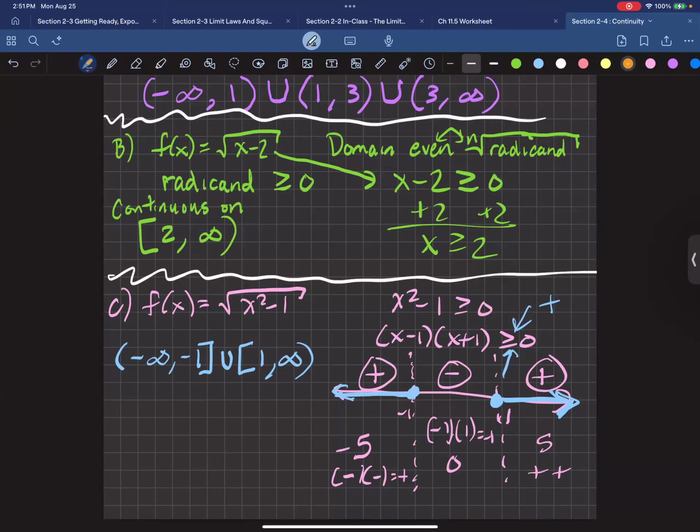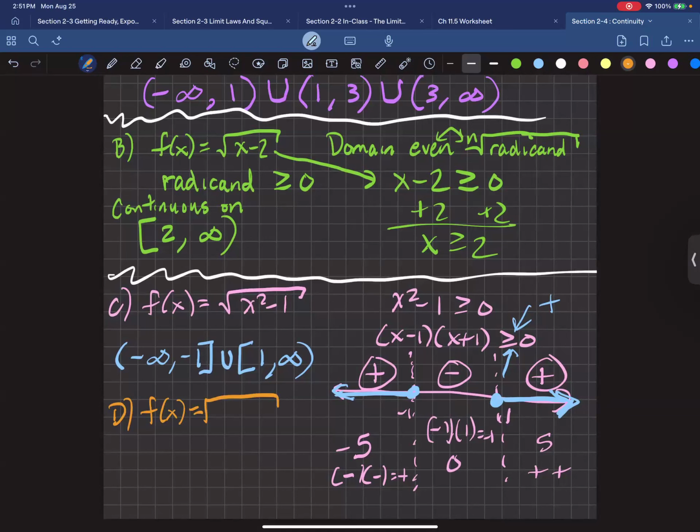If you take a look, the textbook does a cool one like this. F of x is square root of 4 minus x squared. And here it ends up being only positive in the middle. So it ends up being -2 to 2.